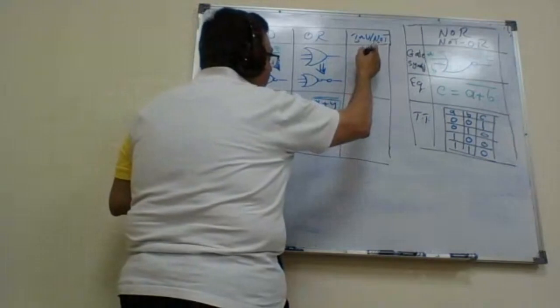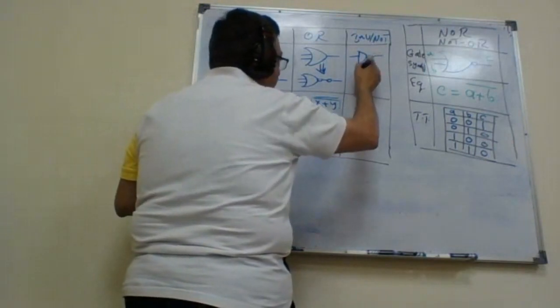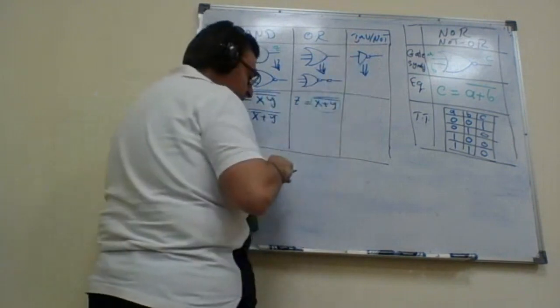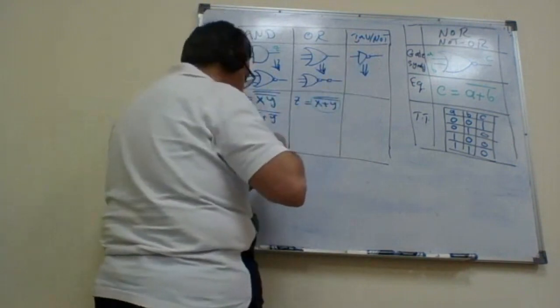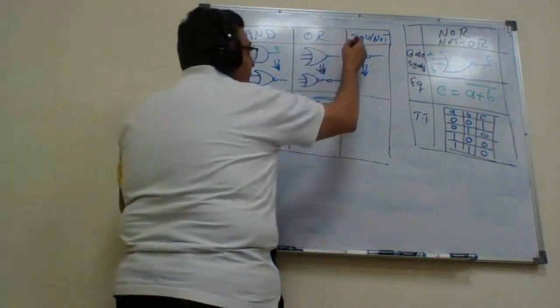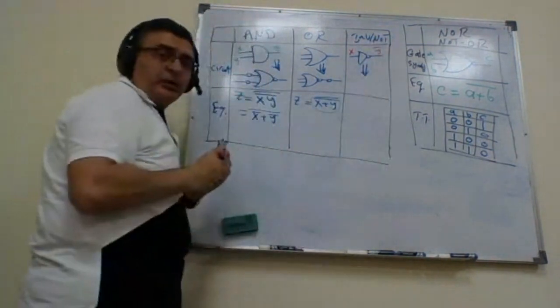As we mentioned in the lecture, if I have an inverter and I want to represent it using NOR, the inverter has the equation Y equals X bar.